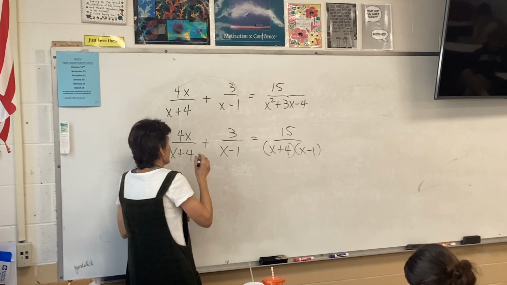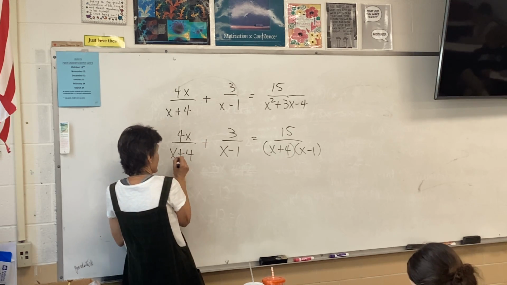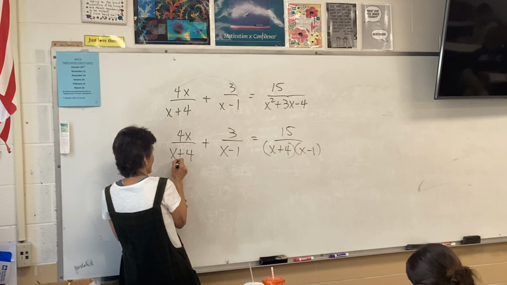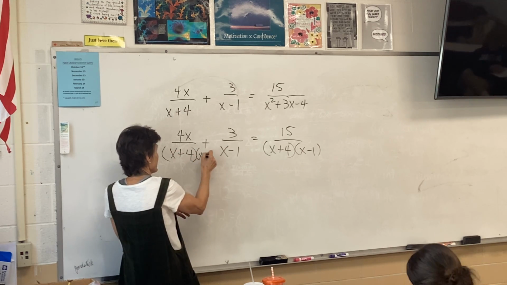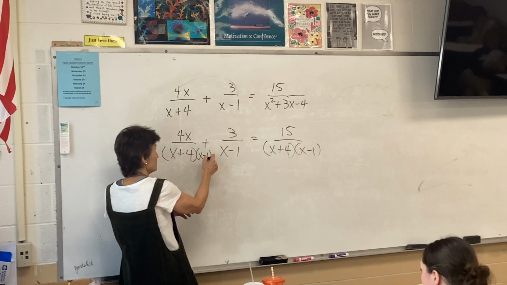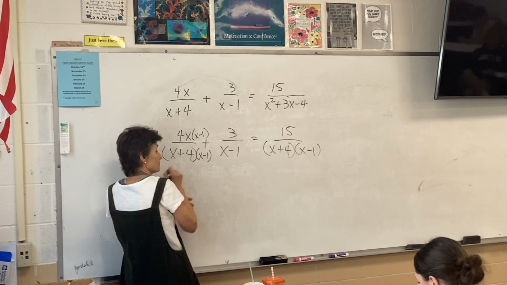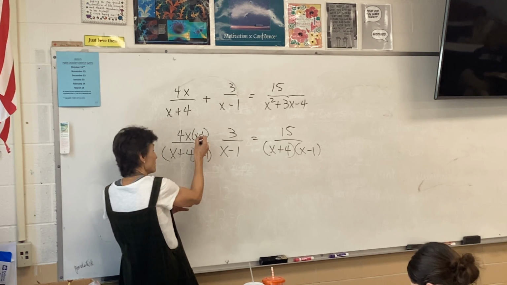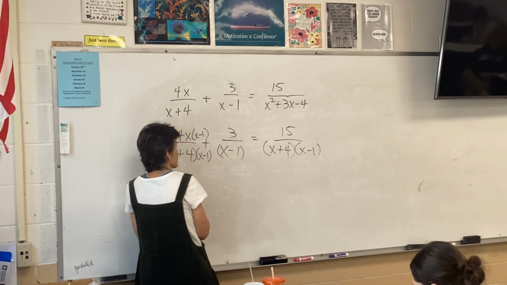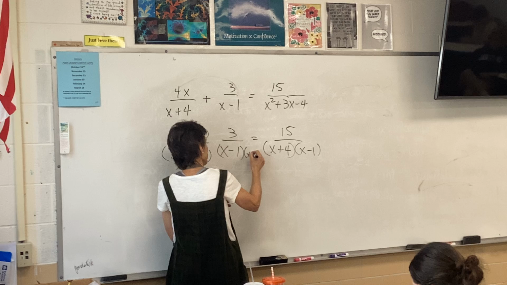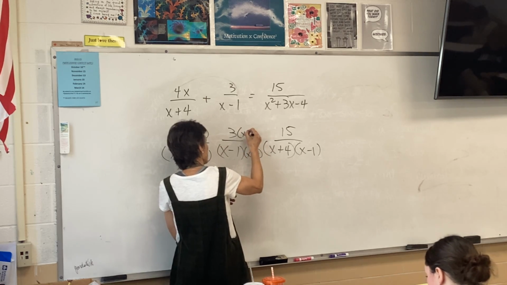Okay. So what does this denominator need? If he's going to match that, he needs an x minus 1 on the top and the bottom. What does this one need if he's going to match? x plus 4 on the top and the bottom.